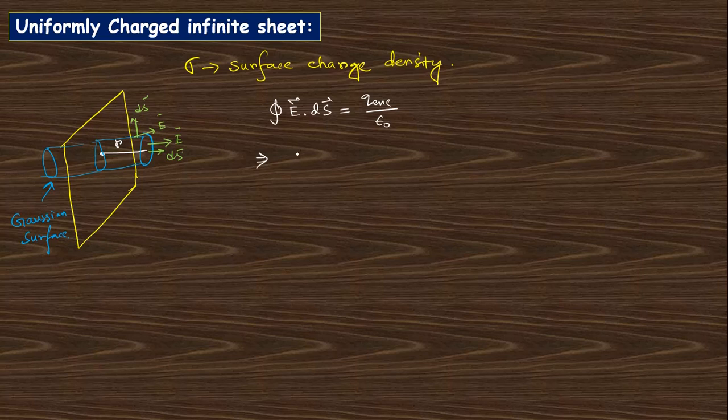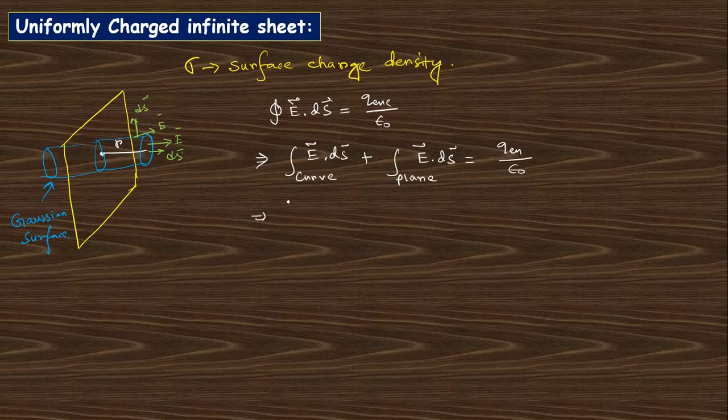Sorry. This can be broken into two parts, that is the curved surface E dot ds and the plane surface E dot ds, equals q enclosed by epsilon naught.